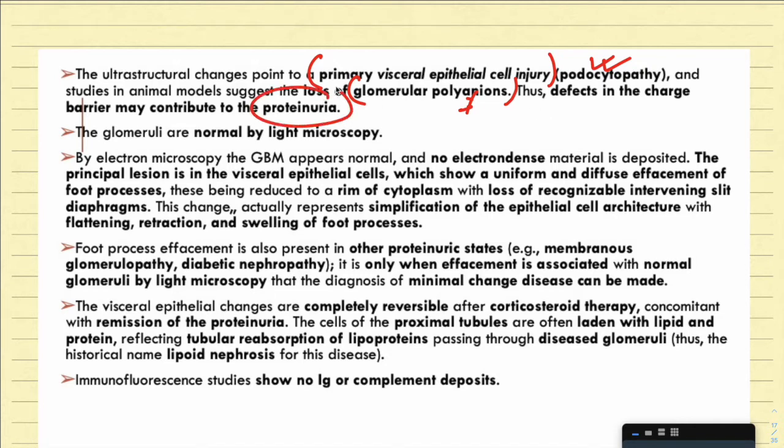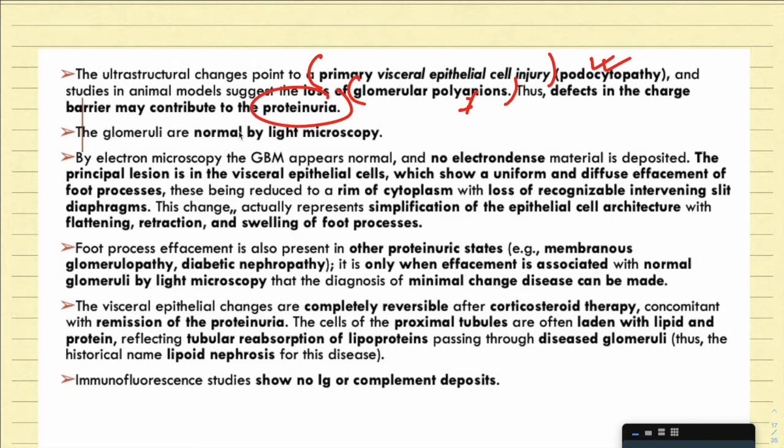Usually the plasma proteins are negatively charged, so when they come in contact with the glomerular capillary wall, which contains negatively charged polyanions, the sialoproteins, they are repelled and therefore not filtered out. But here there is a loss of the polyanions, the negative charge. As a result, the repulsive forces are gone and the permeability to plasma proteins increases.